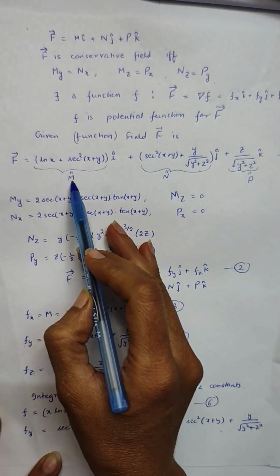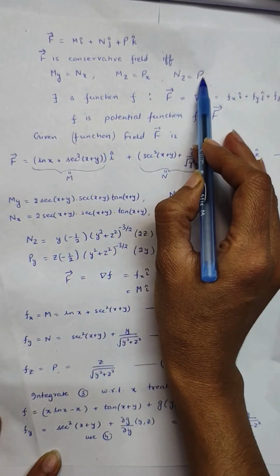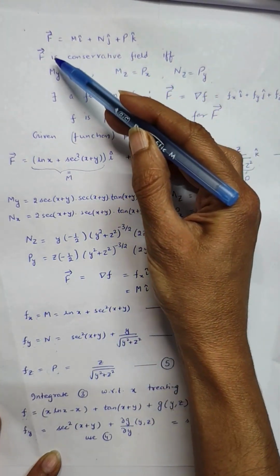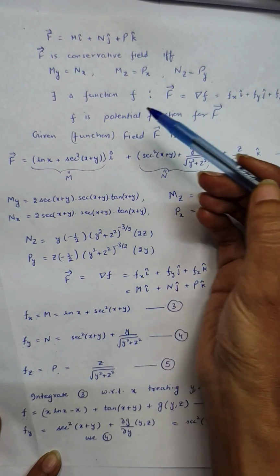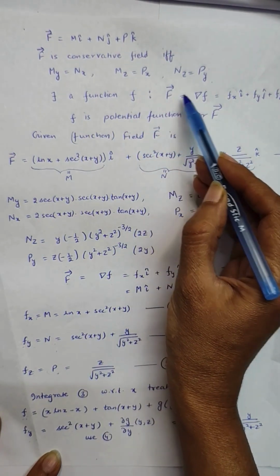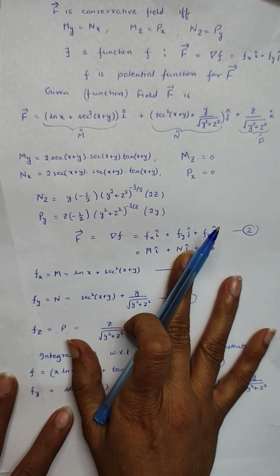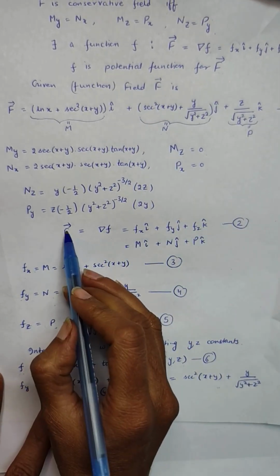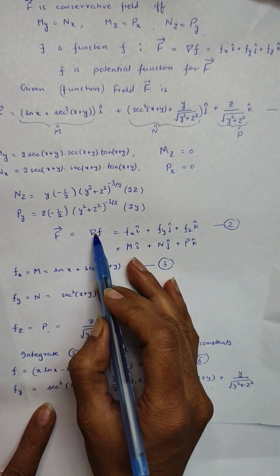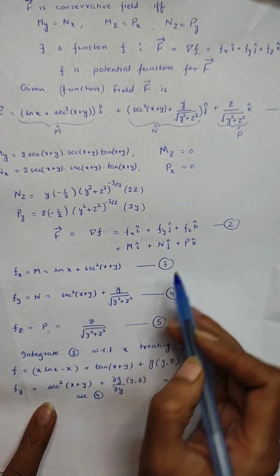So the component functions of the vector field F satisfy all these three equations. So that means the vector field F is a conservative field. So that means there exists a function f such that capital F is the gradient of this function. Alright, so let's understand what that means. The vector field F is given by the gradient of f, which is equal to f_x i plus f_y j plus f_z k.